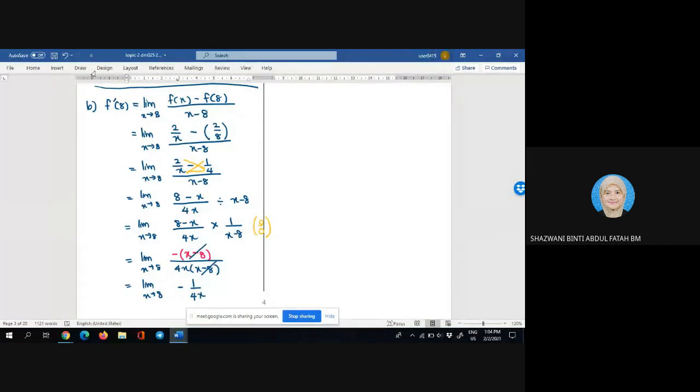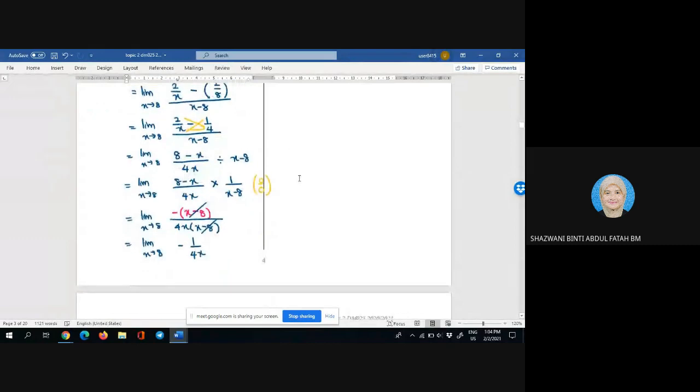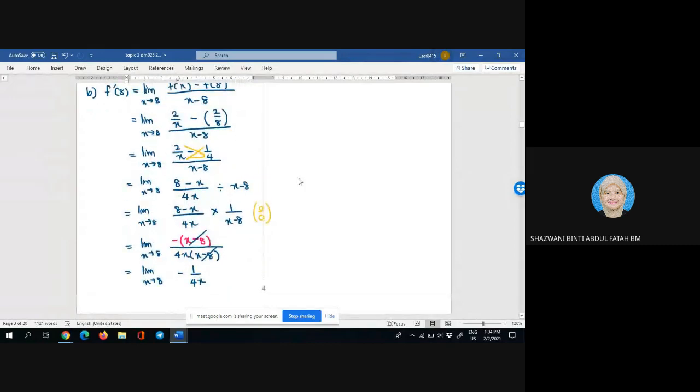So this is the simplified form. You cannot do anything dah. Memang ini the simplest. So you just substitute the value. So 4 times 8. So the answer is negative 1 over 32. Okay, so this is the answer.